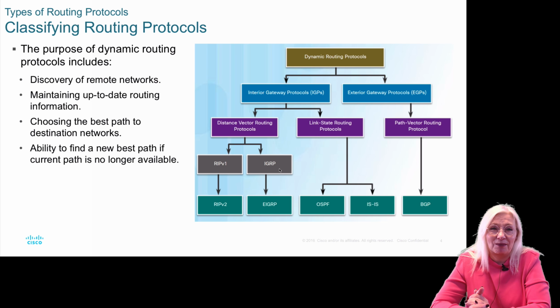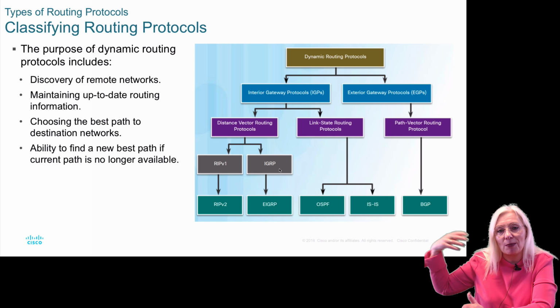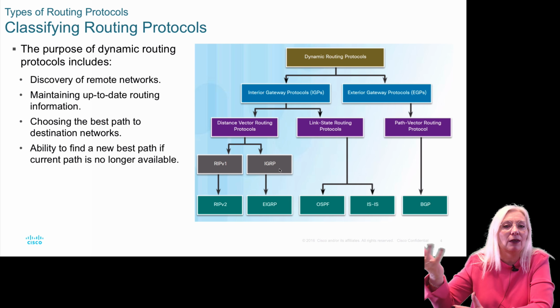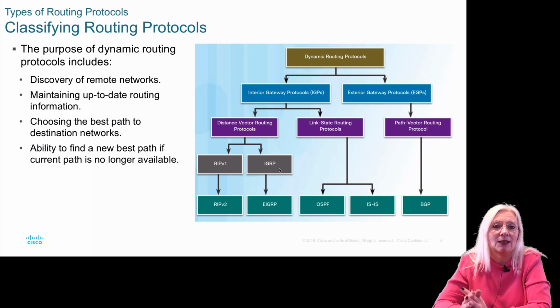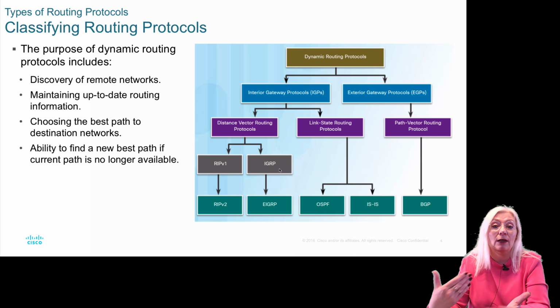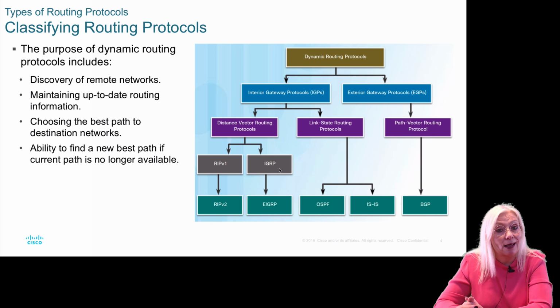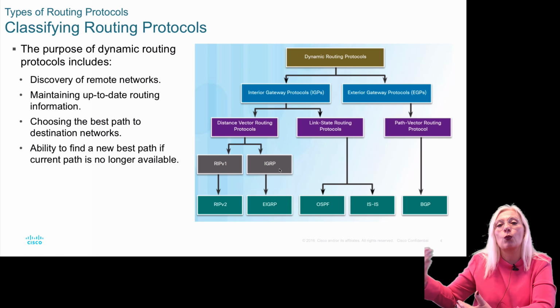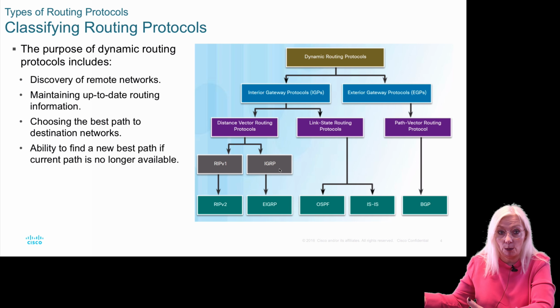So it will be updated. If something changes in some of my neighbor's networks, then it will be automatically updated in my routing table. It will also use this information to find the best path, because we could have different ways of reaching the same network. But then our dynamic routing protocols will find out which one to choose, what is the best option.